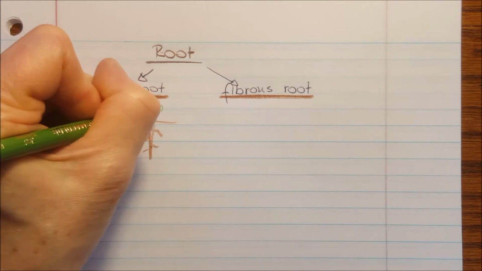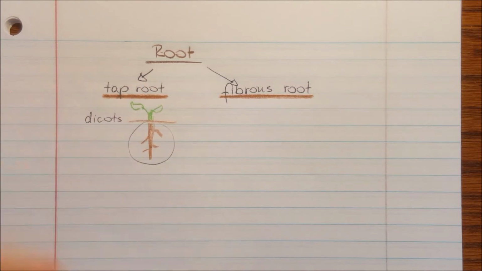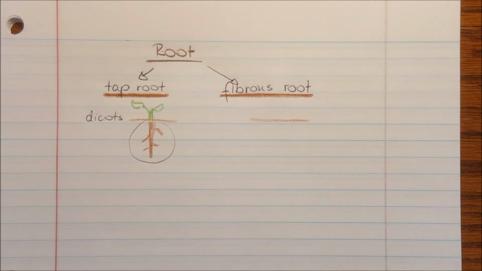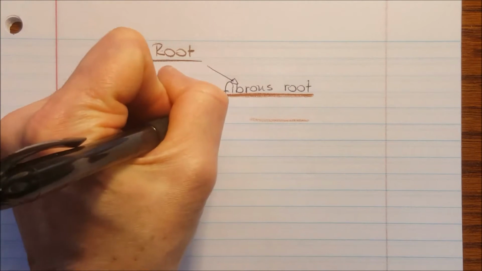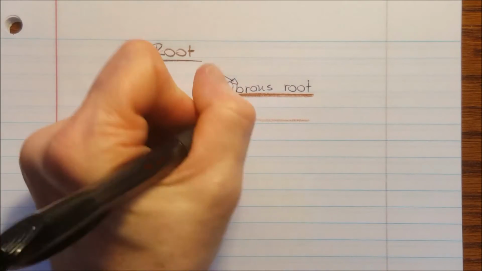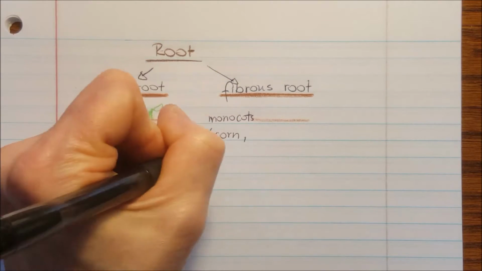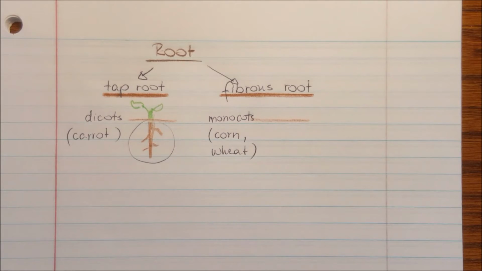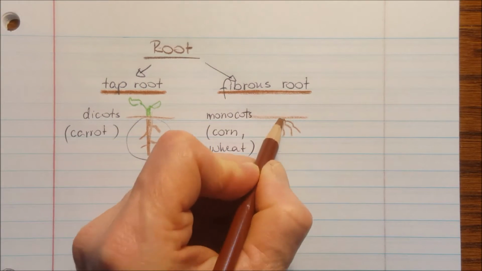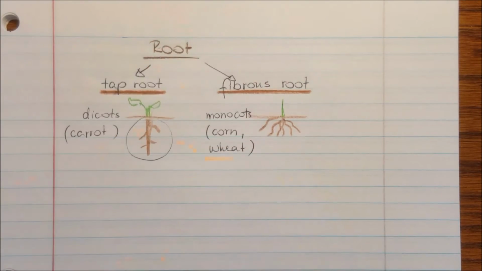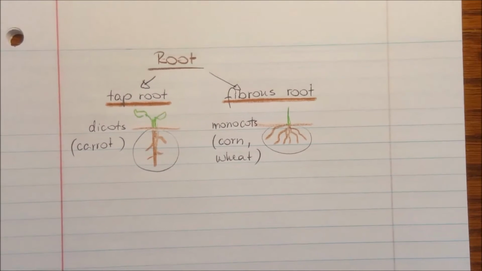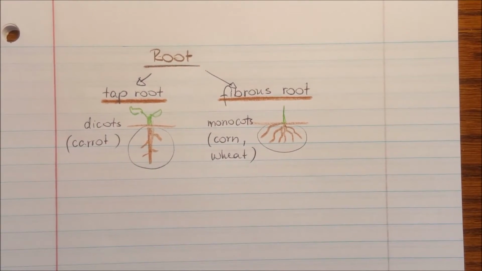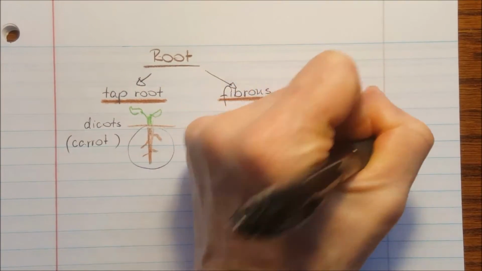And the fibrous root, mainly found in monocots, consists of many equally sized branch roots. They help prevent topsoil from being washed away, so it's really valuable, specifically in the Midwest when we had the grassland ecosystem.